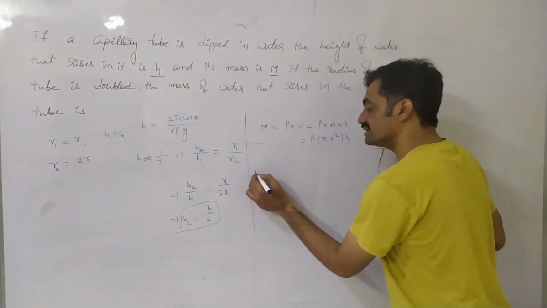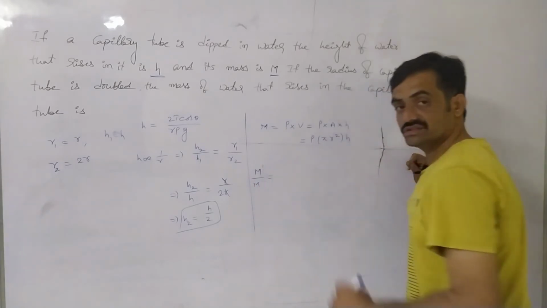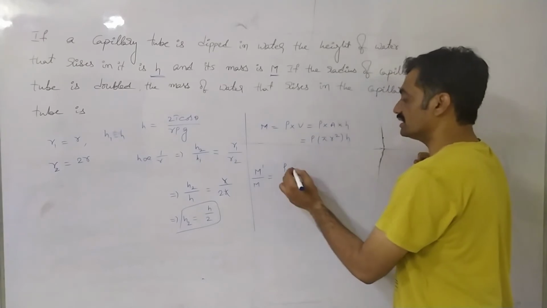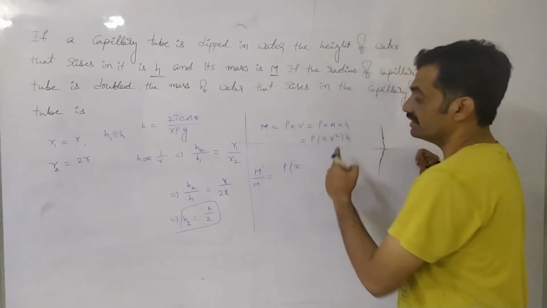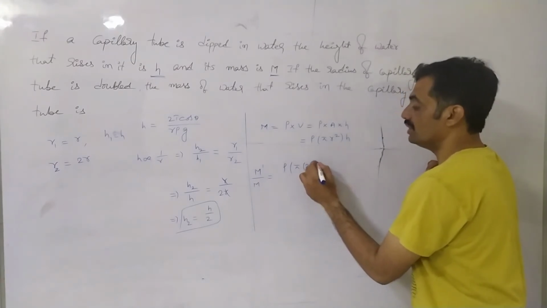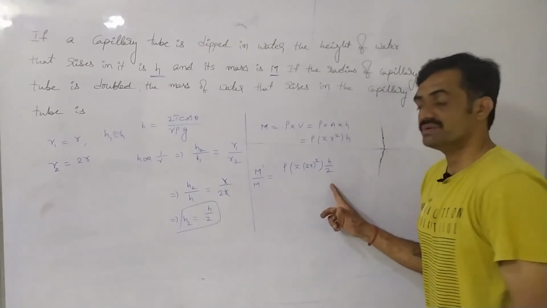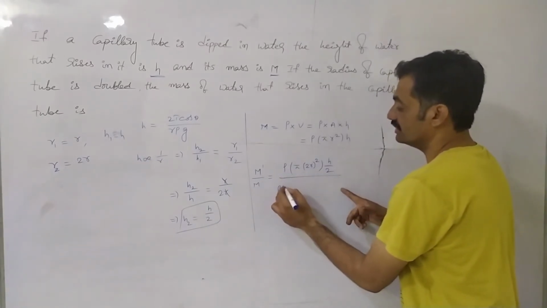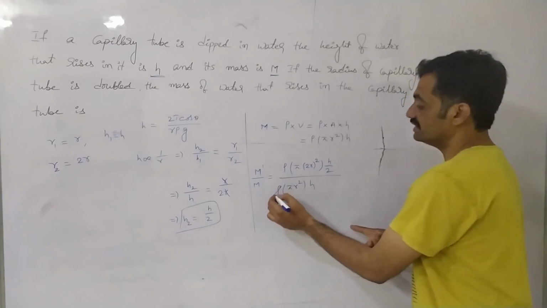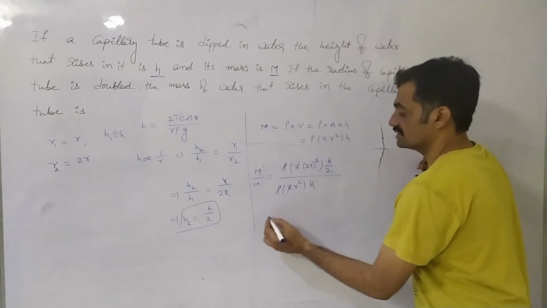Now mass of the liquid in the capillary tube m dash by initial mass m is equals to density of the water into pi into radius doubled, so 2r whole square, into h by 2, by rho into pi r square into h. After that, density gets cancelled, pi gets cancelled, whereas height h also gets cancelled.